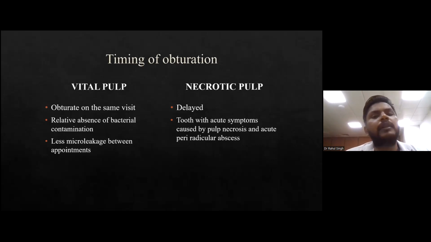Give a good calcium hydroxide dressing, so that because of the increased alkalinity of the calcium hydroxide, you can decrease the number of microorganisms, and the patient's symptoms should also decrease. In the next visit, when the canals are dried and the patient is asymptomatic, you can complete your obturation.